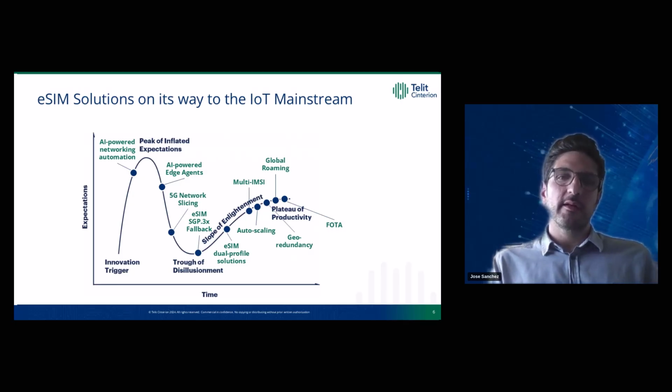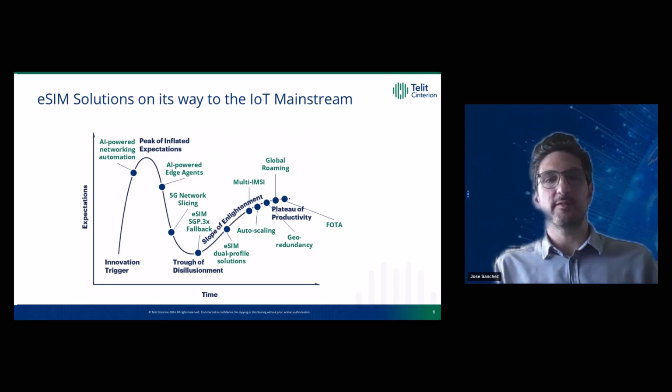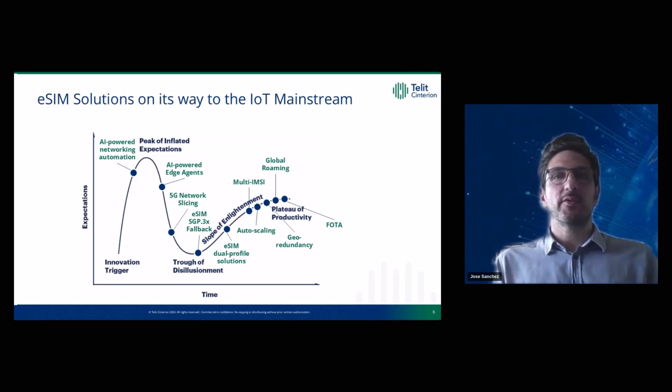If we look at the innovation or hype cycle, we have technologies that are on the maturity side of things, such as firmware over-the-air updates, or global roaming, for instance, technology that has been utilized for years. Multi-IMSI technology also has been used for 5 to 10 years, right?